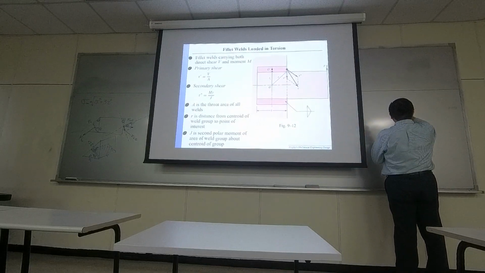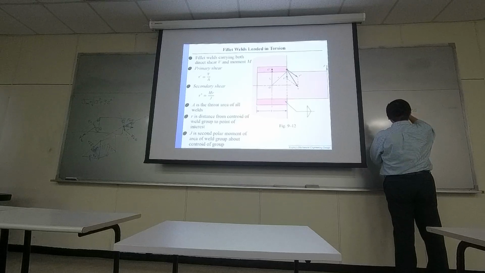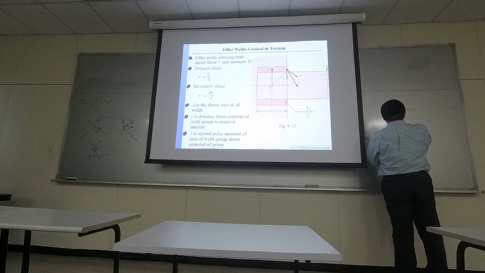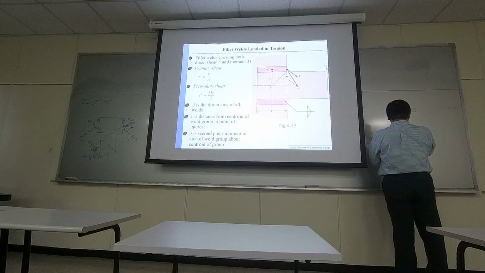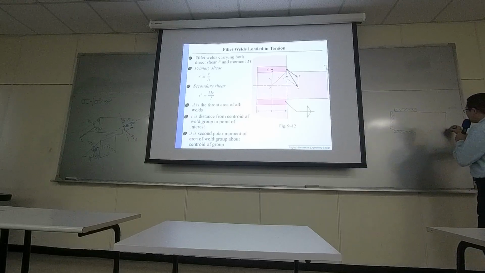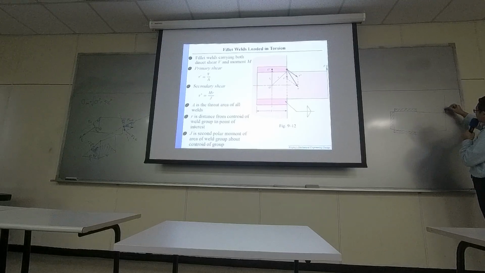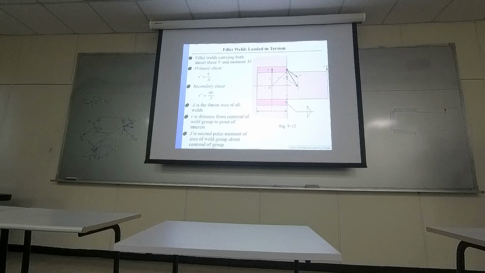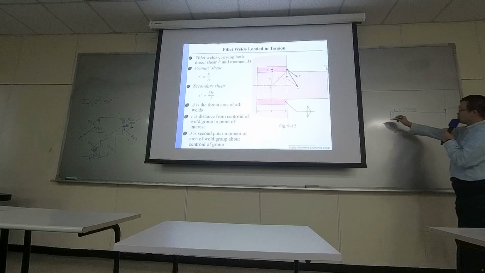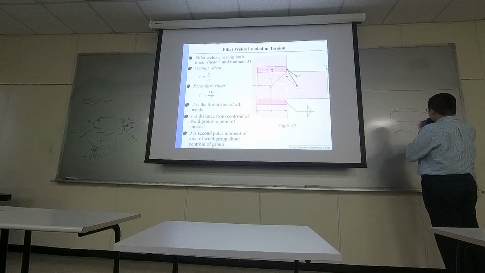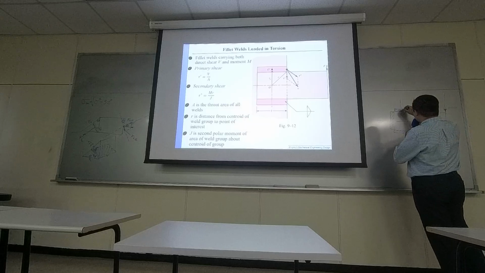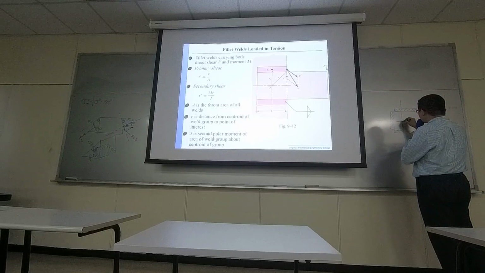Let's say you weld the geometry in this way, and here's a plate, and you have some external force right here. This external force is going to rotate this plate, so there will be a center of rotation. The center of rotation is most likely going to be somewhere here.